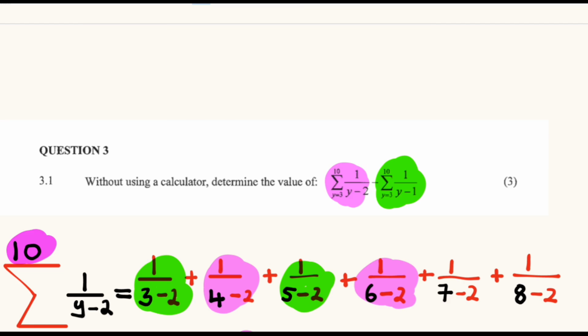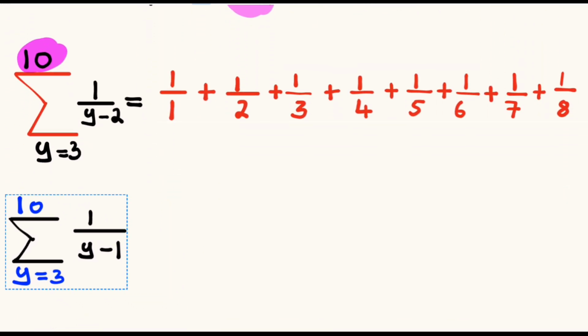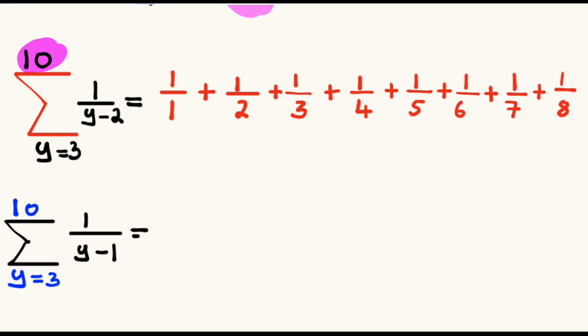So let's work out this summation. Where there is a y, we start by substituting 3. So we have 1 divided by 3 minus 1, and the second number after 3 is 4.